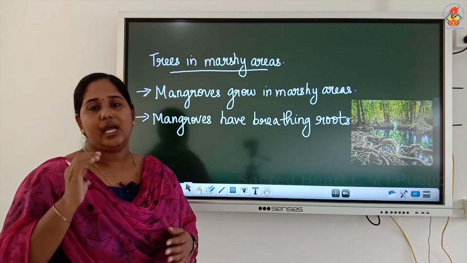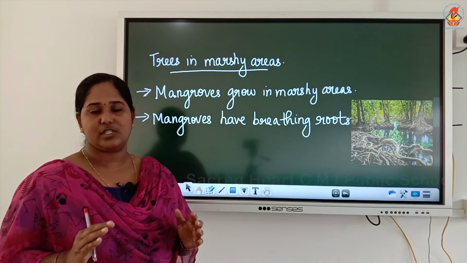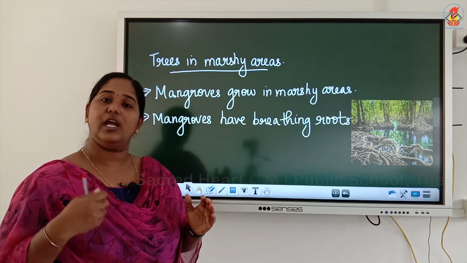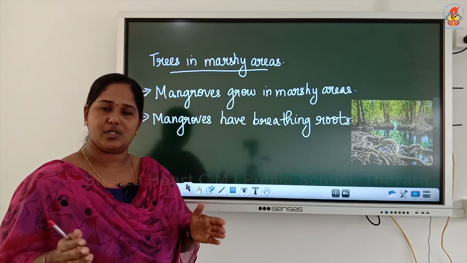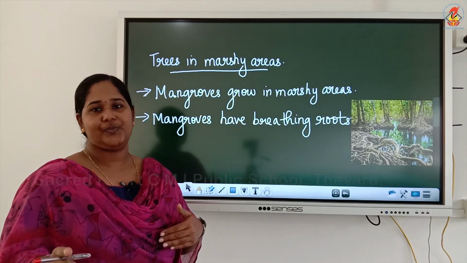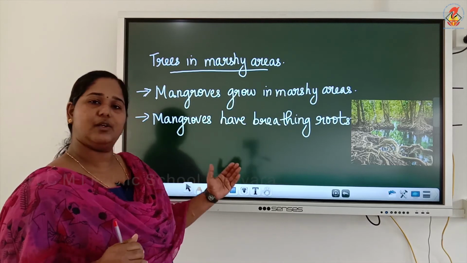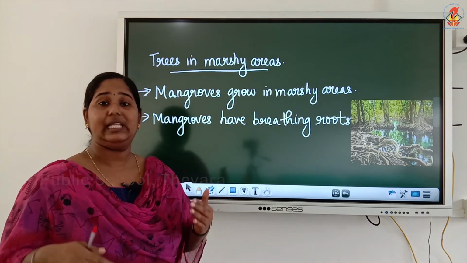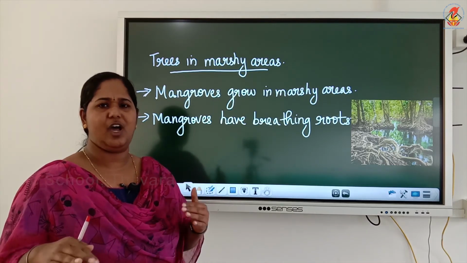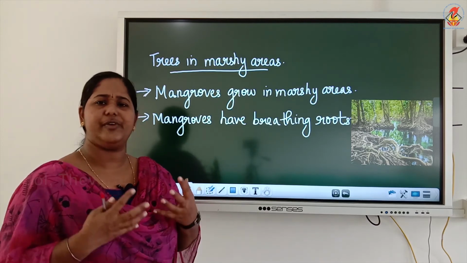Normally we know that roots of plants breathe, taking the air from the soil. So here, the roots of mangroves will not be able to breathe in the air present in the soil, because the soil is completely filled with water.